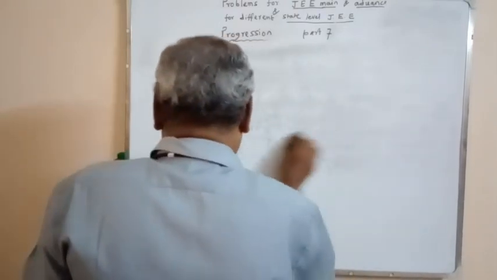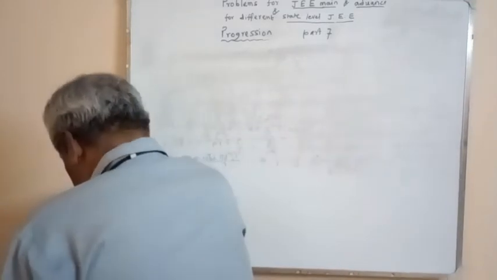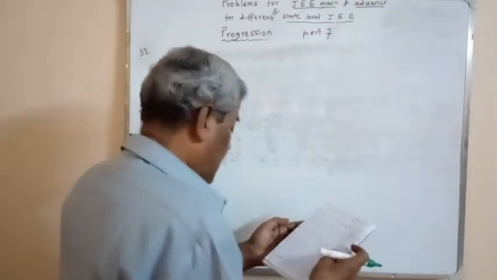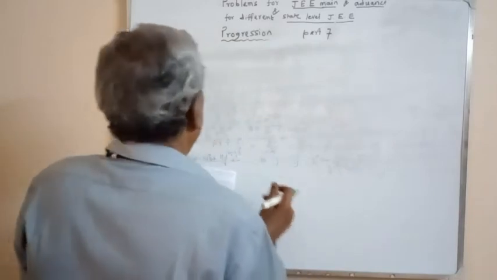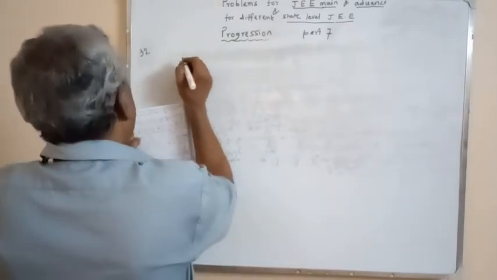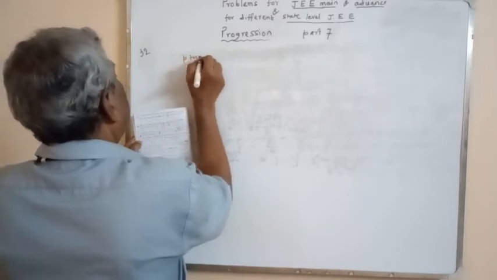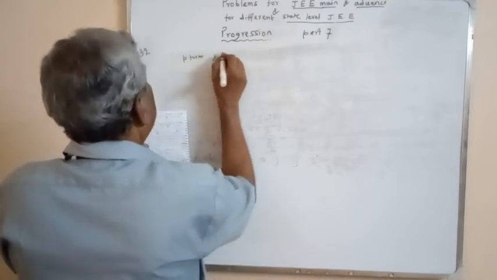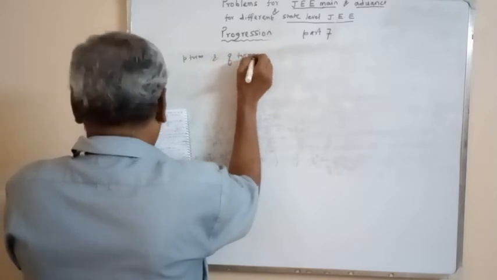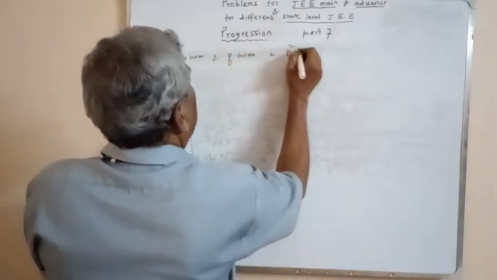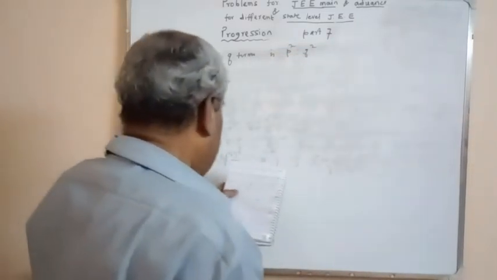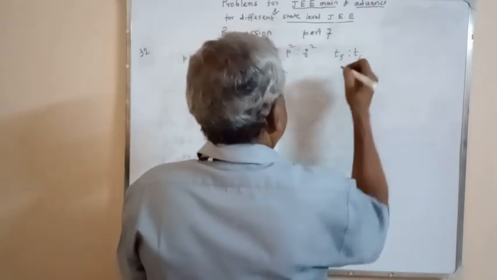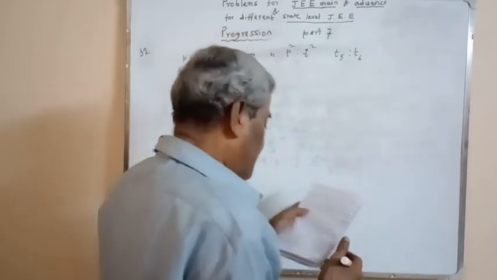Next problem is 32 of that series, and the problem is: if ratio of sums of first p terms and first q terms is p square by q square, then the ratio of its T5 to T6, fifth term to sixth term, their ratio.